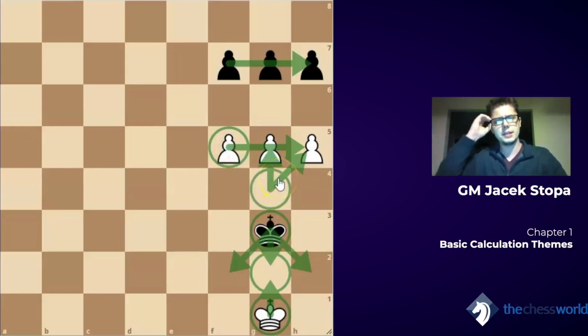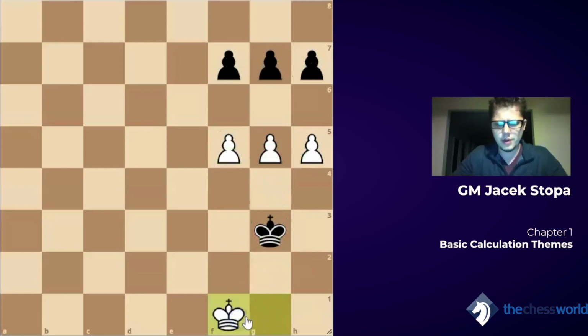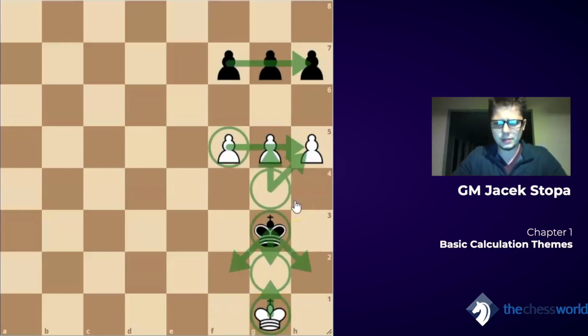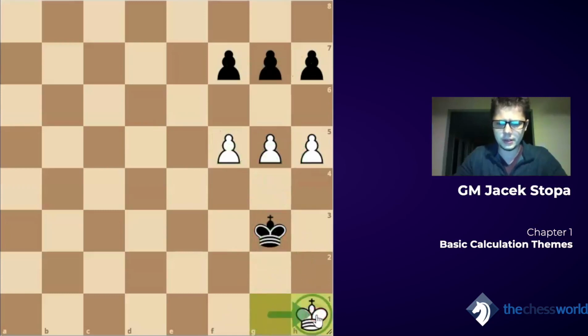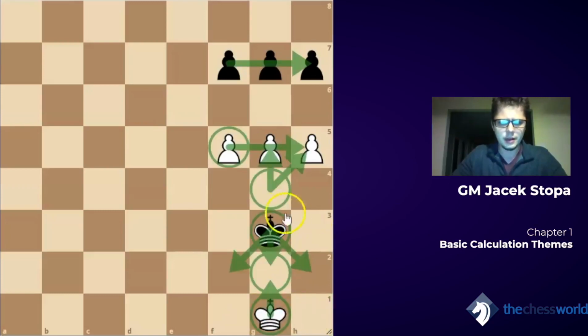So this is the first signal that white has to be fast. We can reject all the king moves. King f1 doesn't do much. Well, actually, as we'll see in a bit, even this position would be good, but just because of a trick. Obviously, king h1 is a terrible move, right?